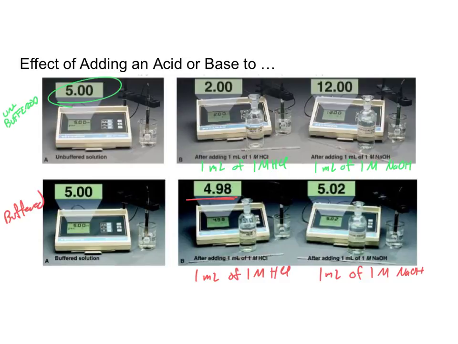So buffered solutions work pretty well, even when you're adding strong acids or strong bases. So what that tells us is that when we have to figure out how to make a buffer, there are some things that we need to consider. Moving on.